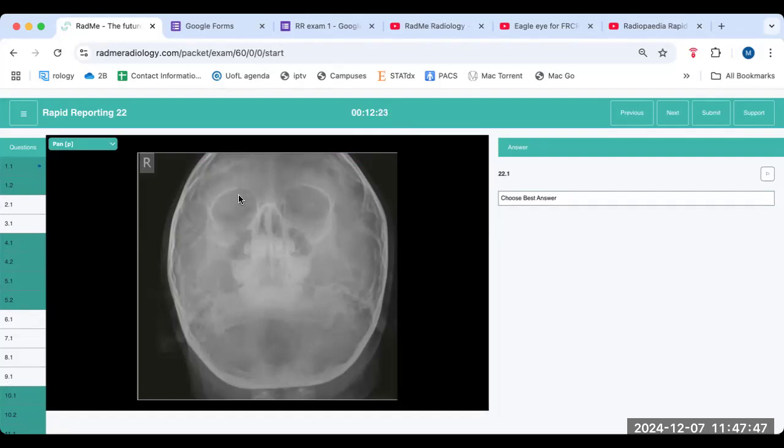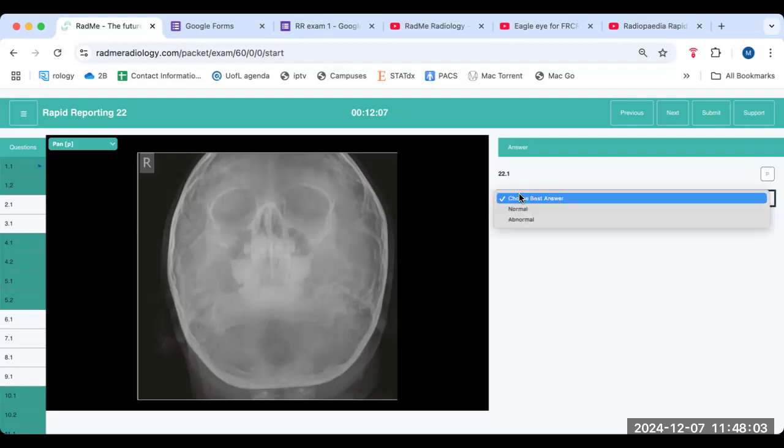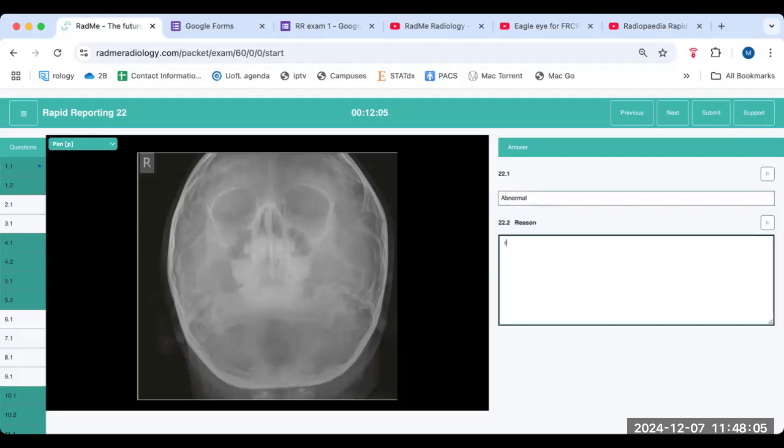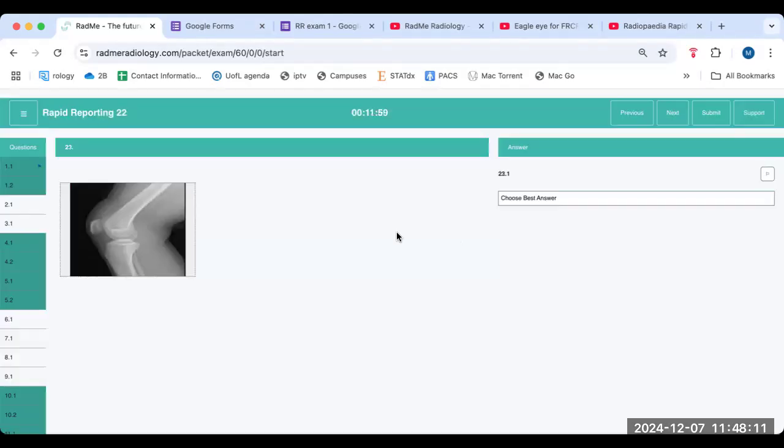Also, train your eyes about the difference between the sutures and the fractures. Sutures should be irregular and in anatomical positions. Fractures are not. You can see the fracture is very sharp and black. So I will put it like that. Right, supraorbital fracture. And I will go to the next one.